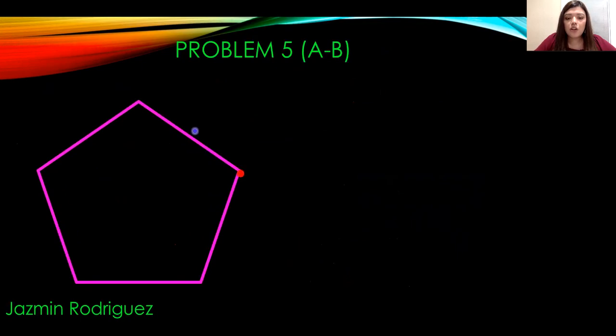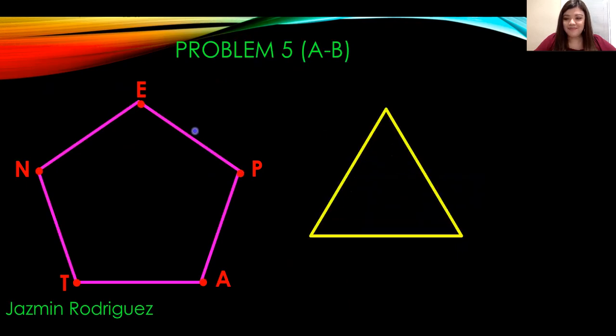And we'll label our vertex point P, vertex E, vertex point N, T, and A. And then it also wants us to create an equilateral triangle with the vertex points PQR. And we know that an equilateral triangle has 3 sides. So let's build that, and we'll label our vertex points as well.